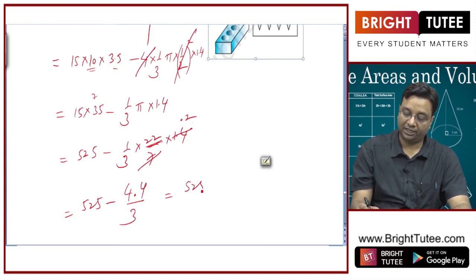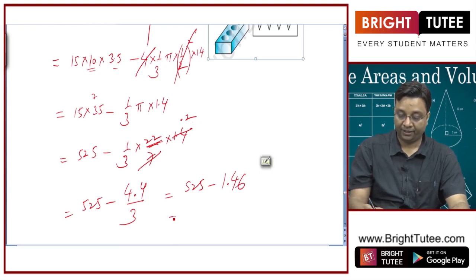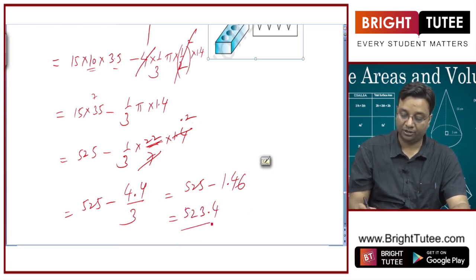So it is equal to 525 minus, this can be converted to 1.46. Okay. So this will give you 523.4 approximately, right? Or you can calculate it exactly.